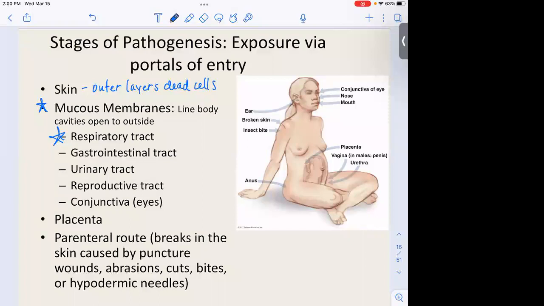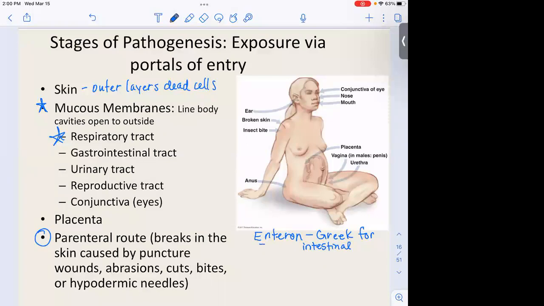And then sort of a catch-all here in terms of portal of entry, what we call the parenteral route. This word enteron, that's Greek for body, digestive tract, or we'll say Greek for intestinal.